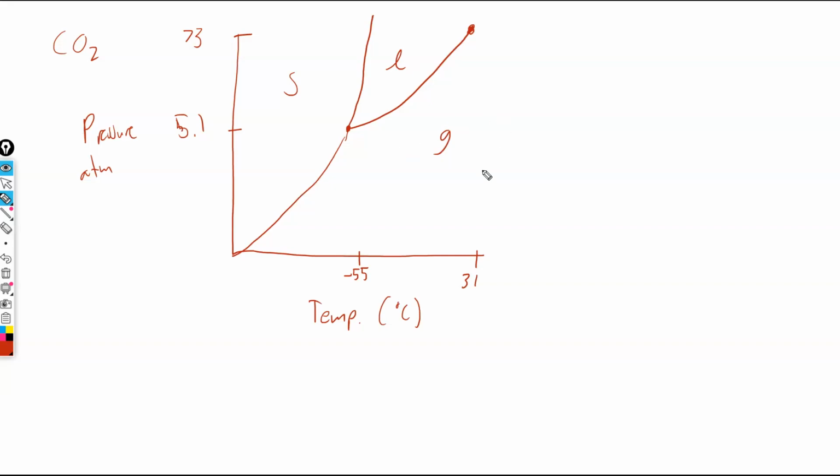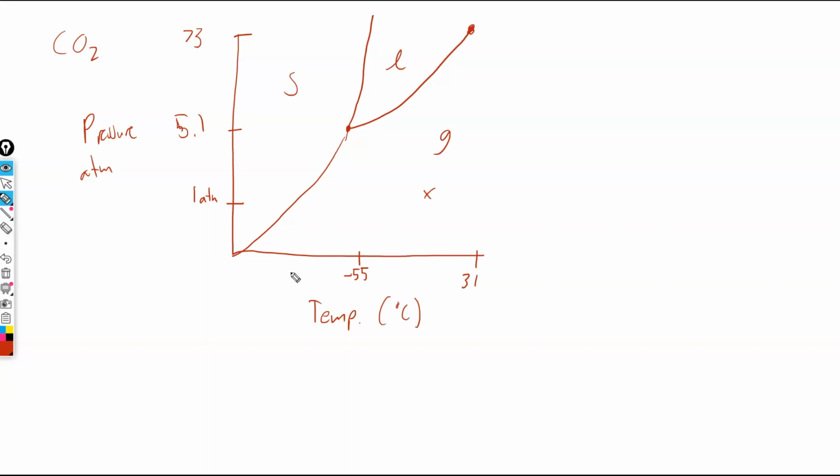We know CO2 mostly exists as a gas in our normal basic environment. We go outside, we actually experience CO2. But if you look at where 1 atmosphere is, about right here, which is our normal pressure, and normally we're going to have our normal temperature, which is approximately over here, right?